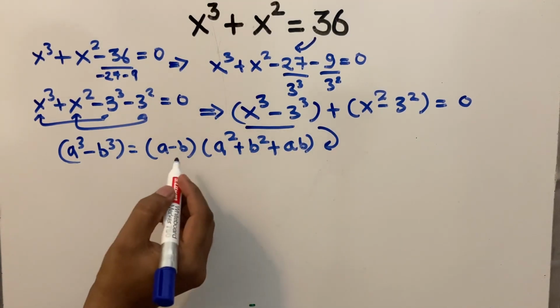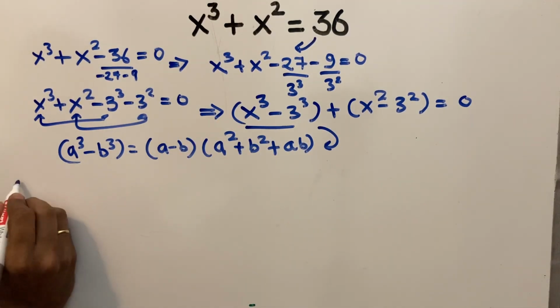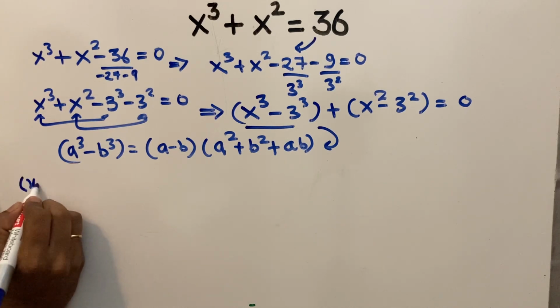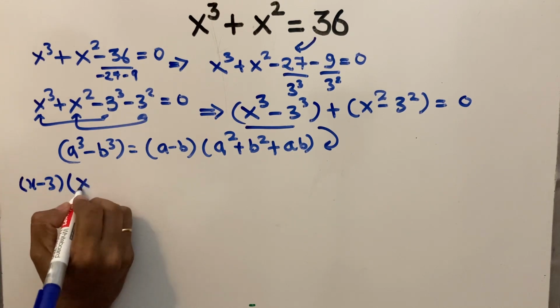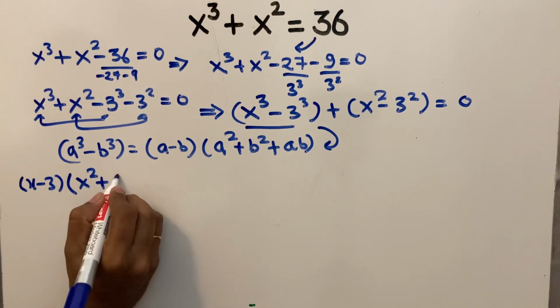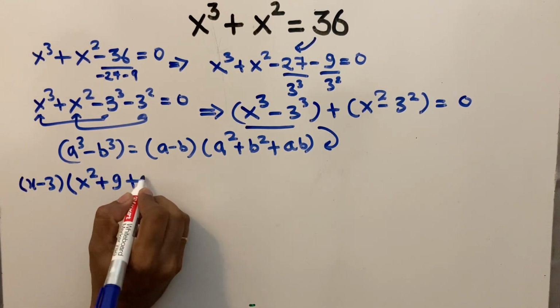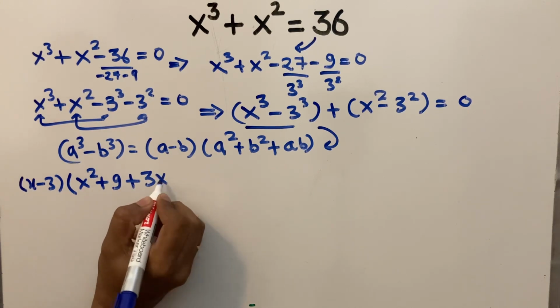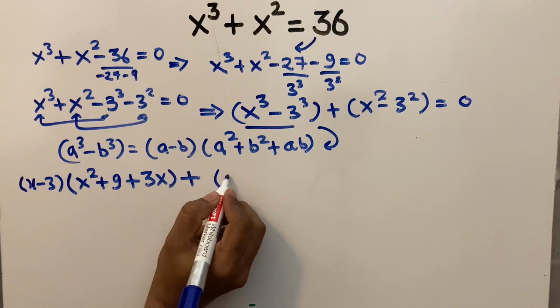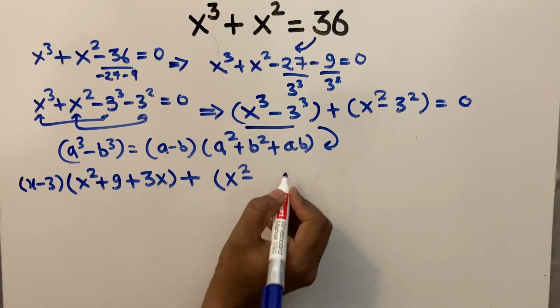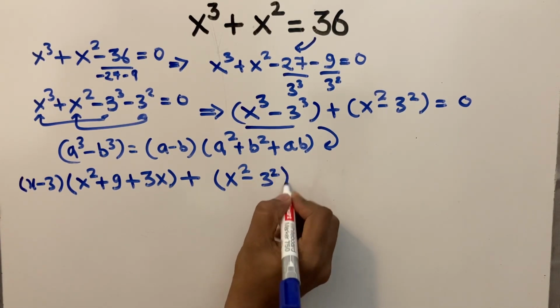Now using this formula, this equation becomes x minus 3 bracket x square plus 9 plus 3x plus x square minus 3 square.